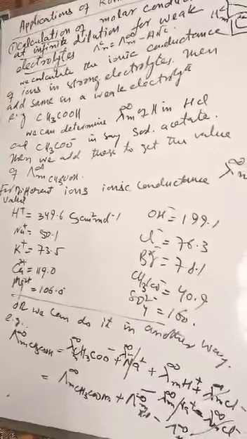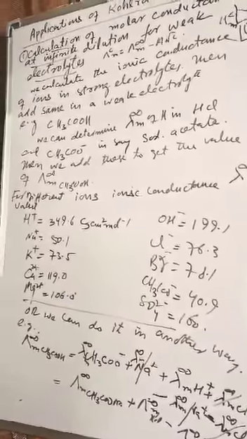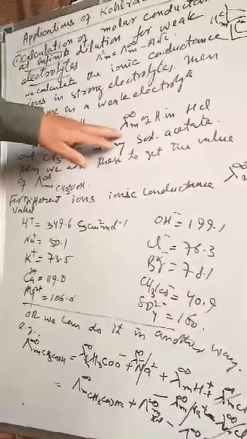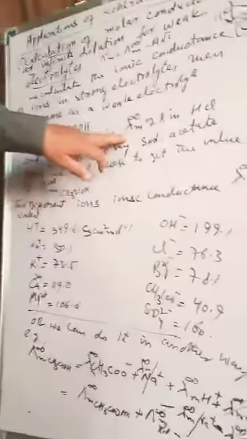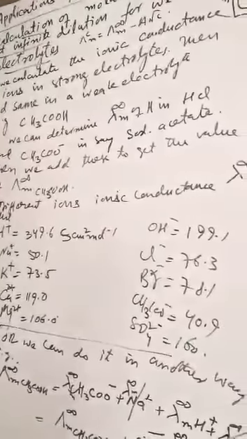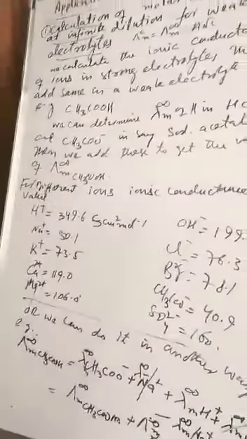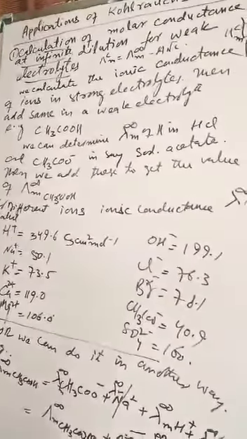So we determine the molar conductance at infinite dilution of the anions and cations of a weak electrolyte in a strong electrolyte.